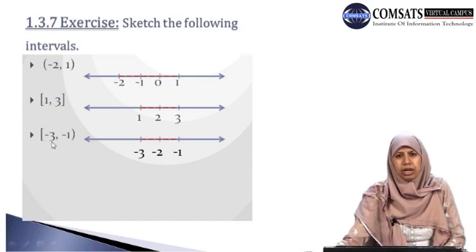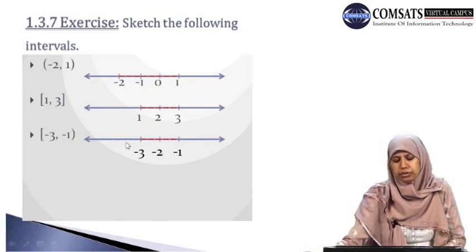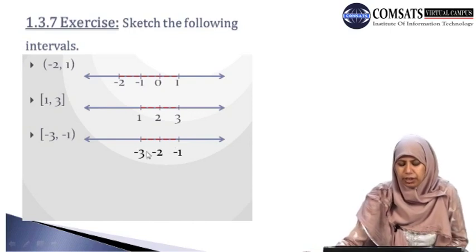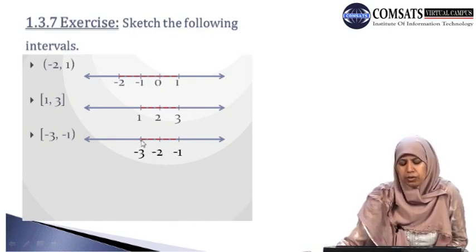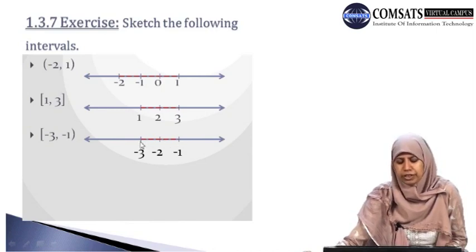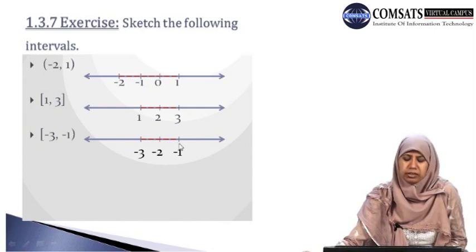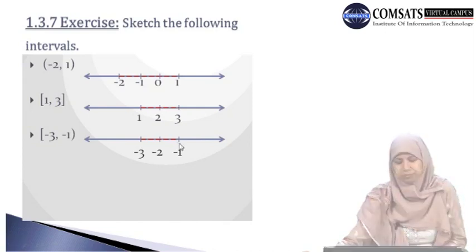Third is our example of a half open interval, open from the right side and closed from the left side. Here a is equal to -3 and b is equal to -1. So we have sketched -3, -2, -1, and as we can see with our red dotted line, how our interval is represented on the real line: only between -3 and -1, closed from the left side, that is including -3, and open from the right side, that is not including -1.